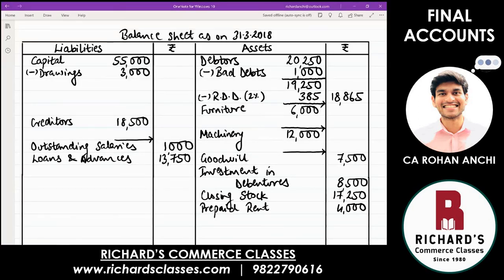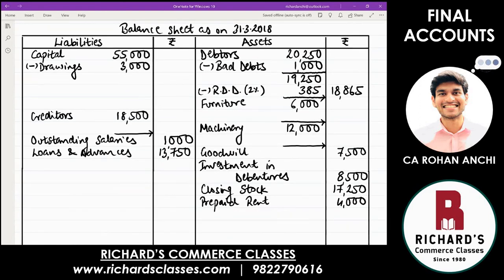Let's go further. Point number 4, depreciation we have seen before. So let us finish the adjustment of depreciation. Two assets, the value is changing. If you read point number 4, it is saying provide depreciation 7.5% on machinery. Come to machinery and write down less depreciation.